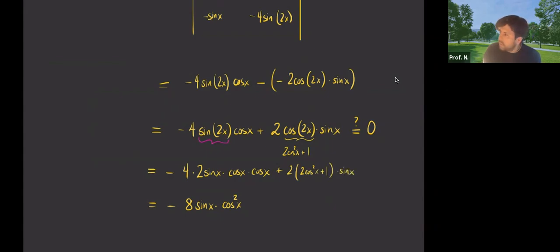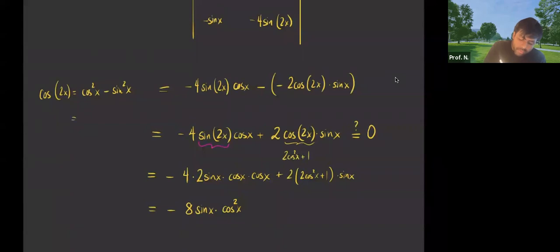Let me just see if that's right. Whenever you don't remember this, always remember that this is equal to cosine squared x minus sine squared x. And so then cosine 2x is equal to 1 minus 2 sine squared x, or pardon me, this should be cosine squared x minus 1 minus cosine squared x.